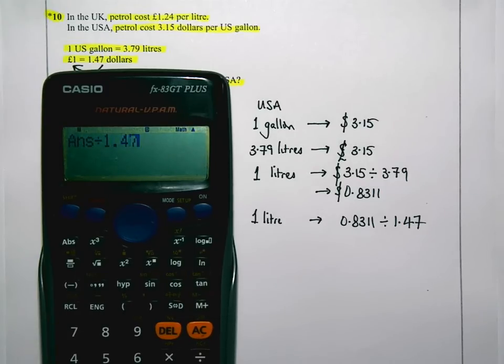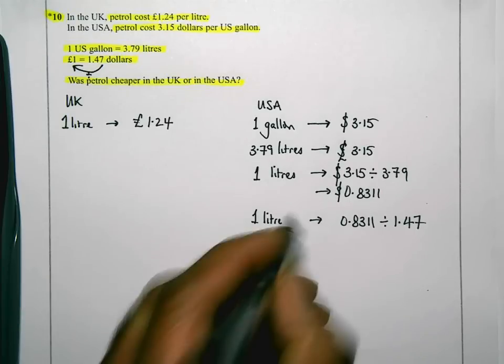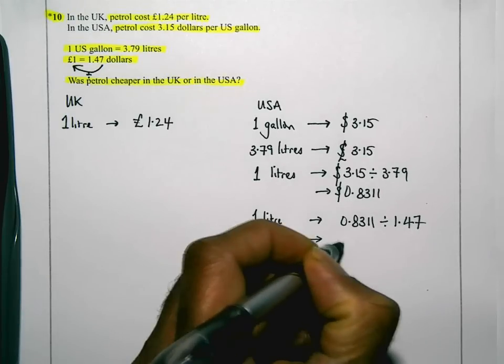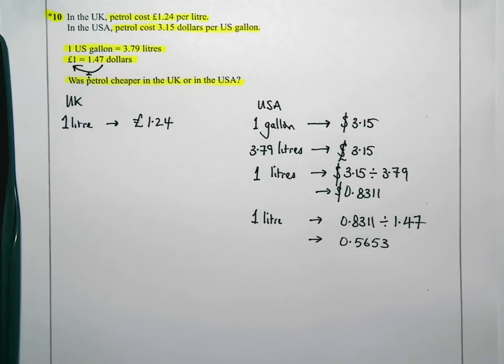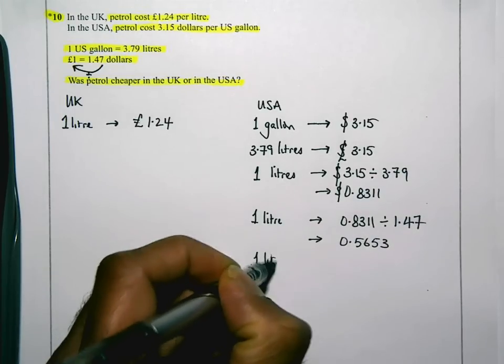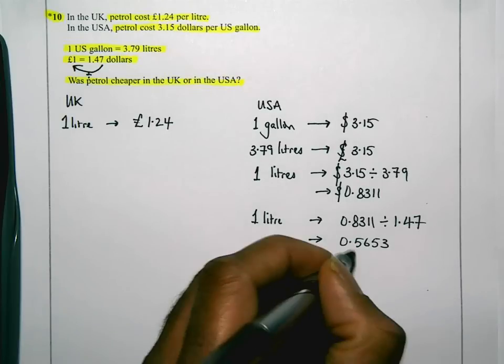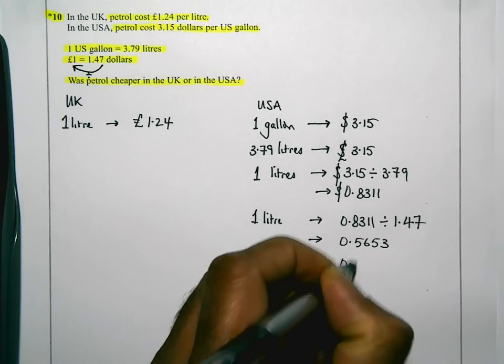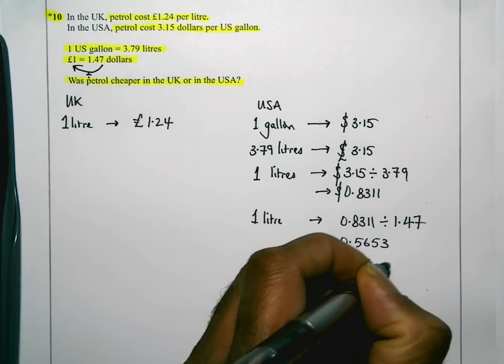That's going to give me 0.5653. What that effectively means is that 1 litre of petrol in the USA is going to cost me about 57 cents.